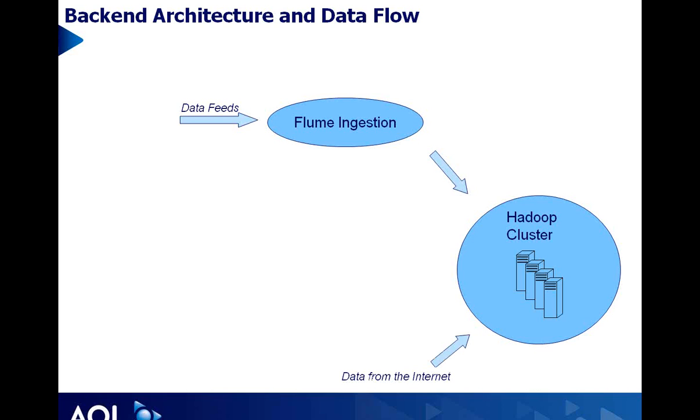Hadoop cluster also fetches data from the internet, like content pages and some other data from third parties, and so aggregates everything together on HDFS. And typically, a result of most Hadoop pipelines and workflows is a set of actionable data that goes directly to ad serving.